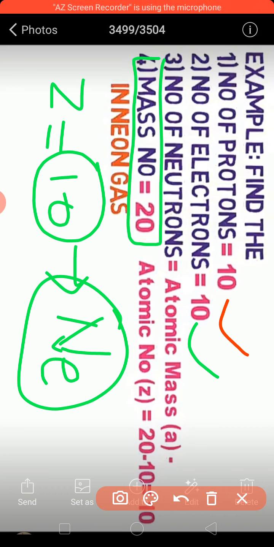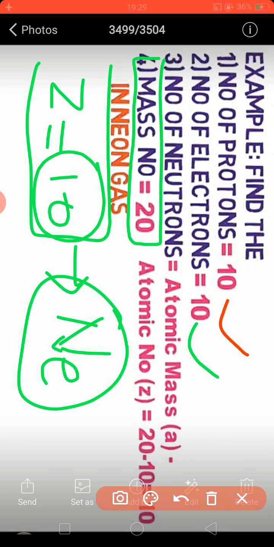If the number of protons is 10 and the number of electrons is 10, its atomic number is also 10. So to find the number of neutrons, just subtract the atomic number from the mass number. Subtracting the atomic number means subtracting the number of protons from the mass number.